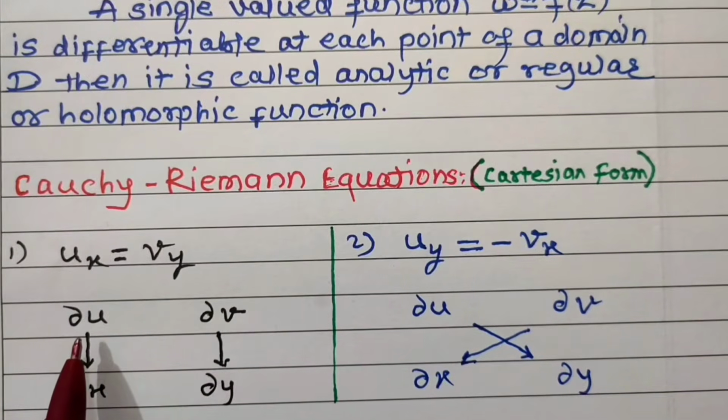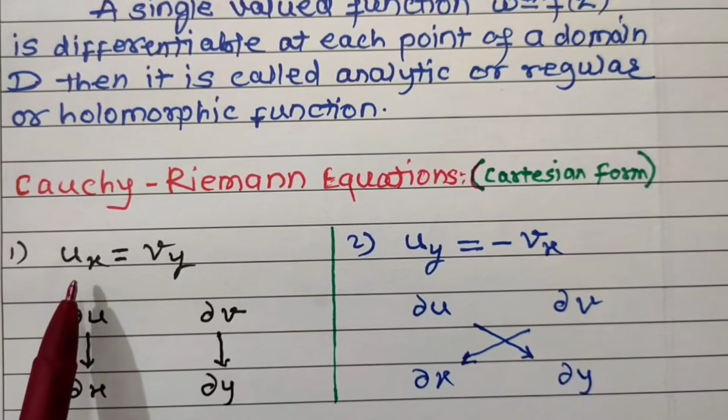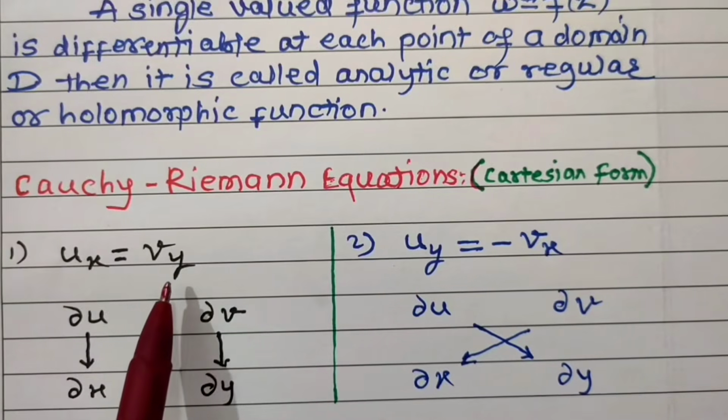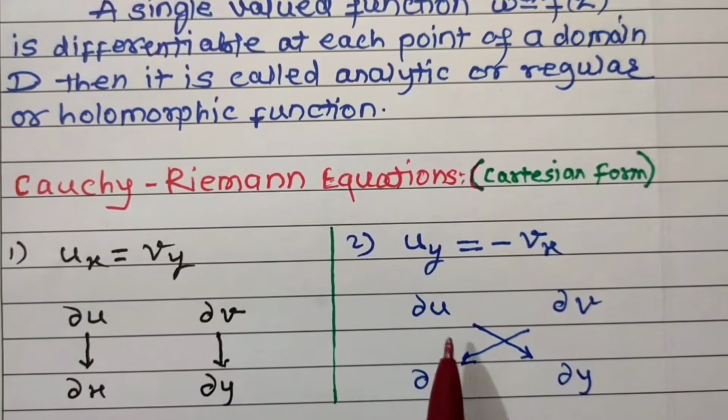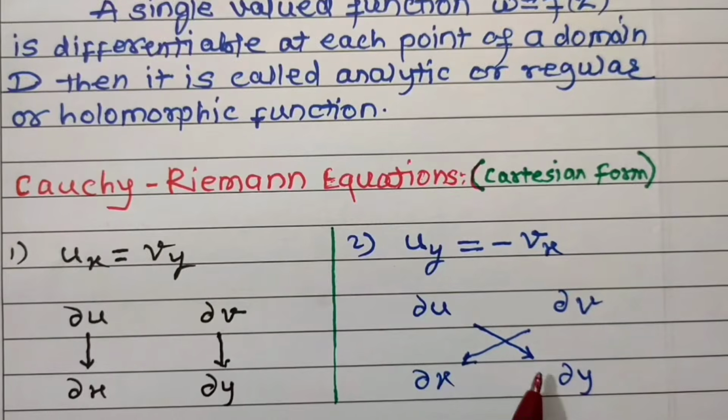Here, we can write ∂u, ∂v, ∂x, ∂y, with arrows in the downward direction. Then its ratio, ∂u/∂x, is nothing but ux, and ∂v/∂y is nothing but vy. For the second equation, consider it like this: ∂u, ∂v, ∂x, ∂y, and now the arrows are like this.